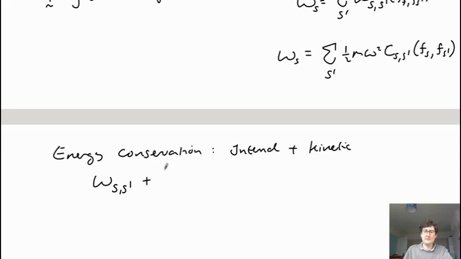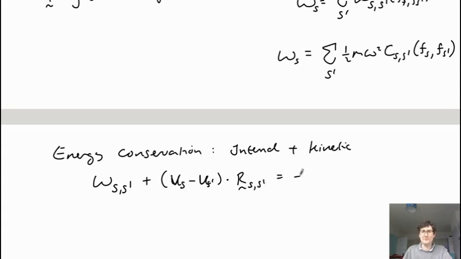plus the kinetic energy, so we have the velocity of species S minus the velocity of species S prime, so that should be the difference of my flow velocities, dotted with the friction. It's basically a force times a distance, and this is the friction between species S and S prime.